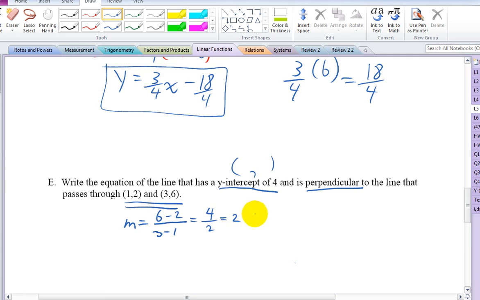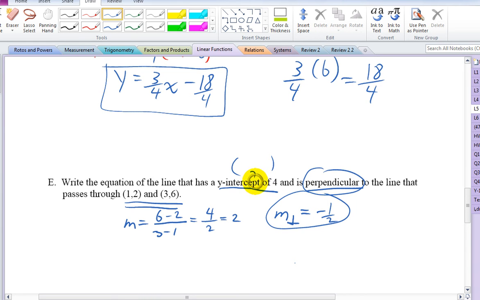So the line that it's perpendicular to has a slope of 2. So what's the slope that we need? What's the perpendicular slope? -1/2. Okay. So that's what we need because our line is perpendicular. That's why we need the perpendicular slope.